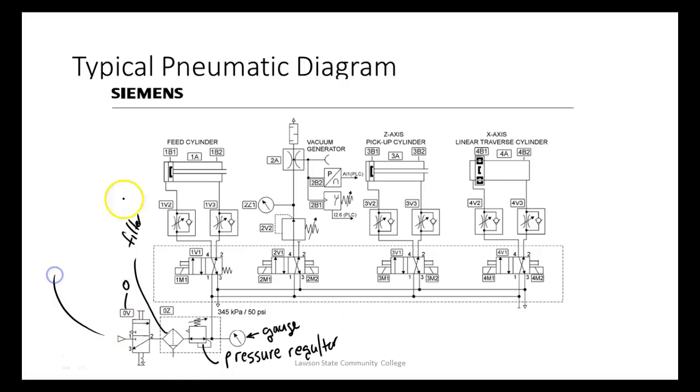This right here is an e-stop, but it's actually manually operated. So that's what this guy right here means. This means it's manually operated, right?